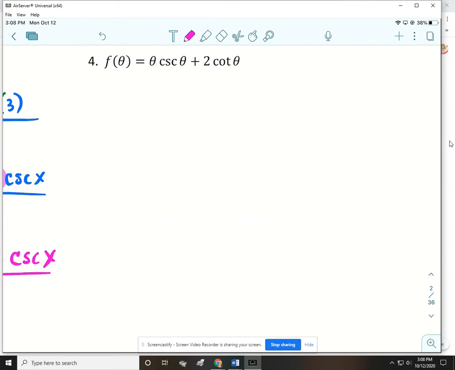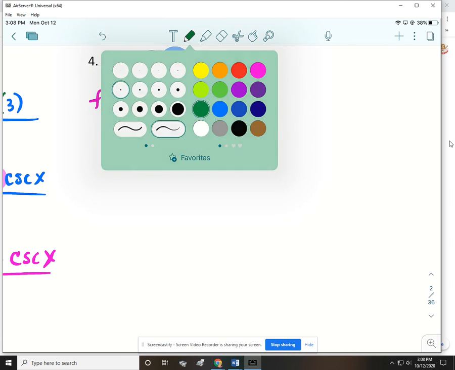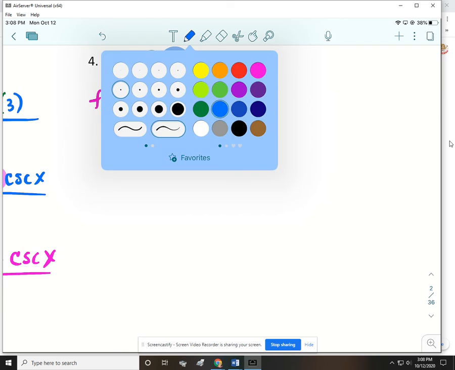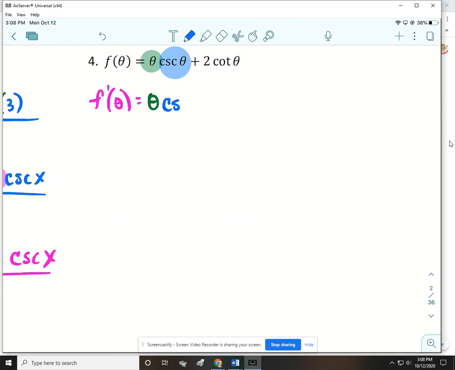Okay, so let's look at this one. So for f prime of theta, for this first portion, we are going to use the product rule because they both have a variable. So I'm going to leave the first one alone, multiply by the derivative of the second. Ooh, forgot. That is negative cosecant theta cotangent theta.